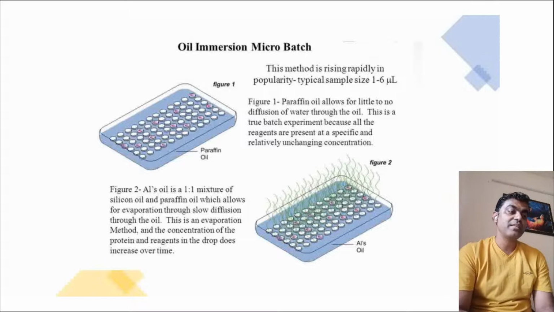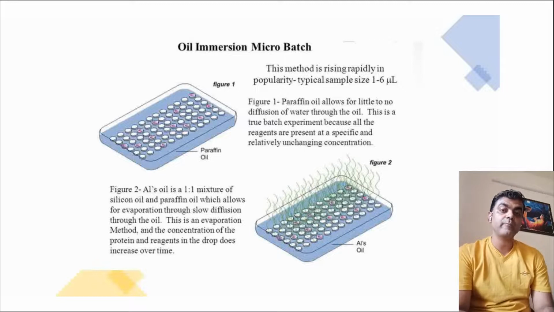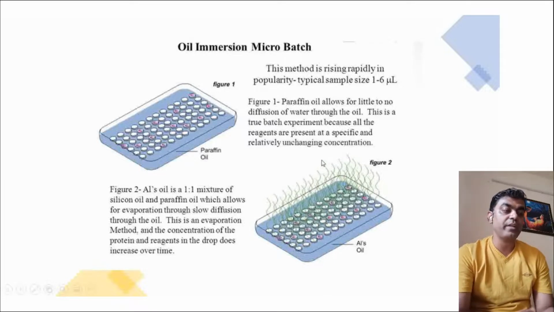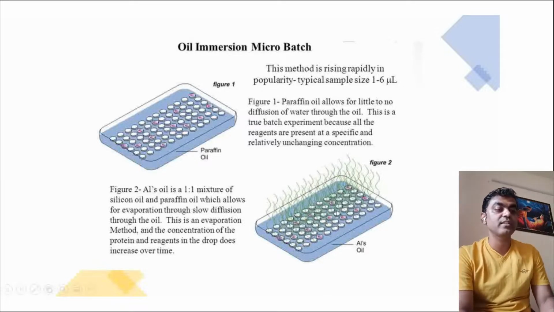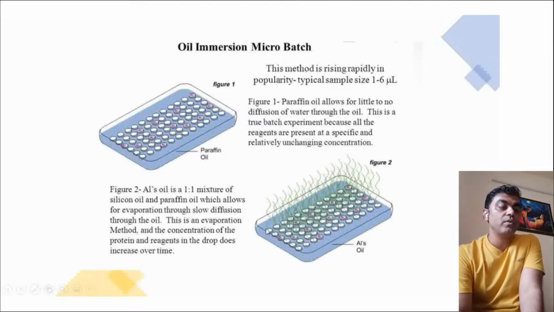So this is basically an evaporation method, and the concentration of the protein and reagents in the drop does increase over a period of time. You are not closing these wells, and the evaporation happens slowly, so the concentration of the proteins and the reagents in the drop slowly changes over time.